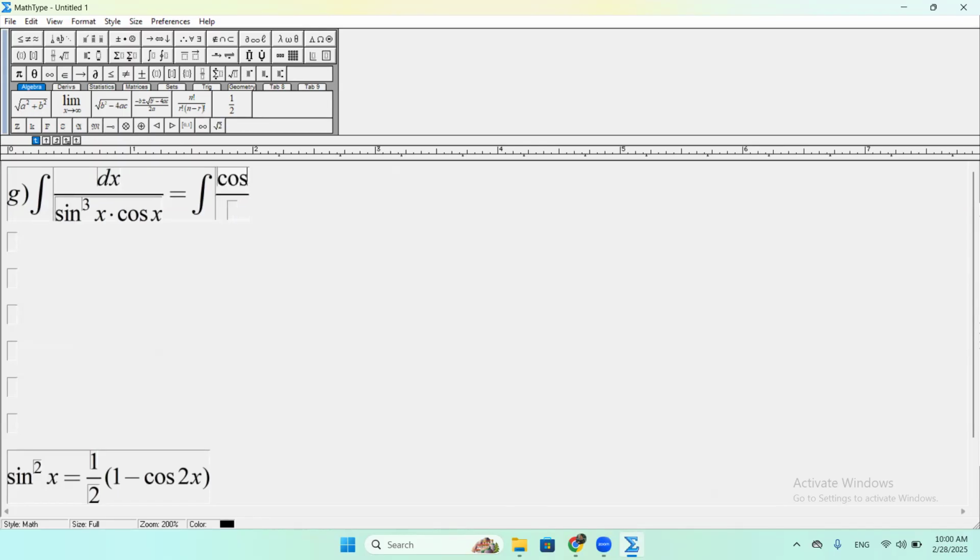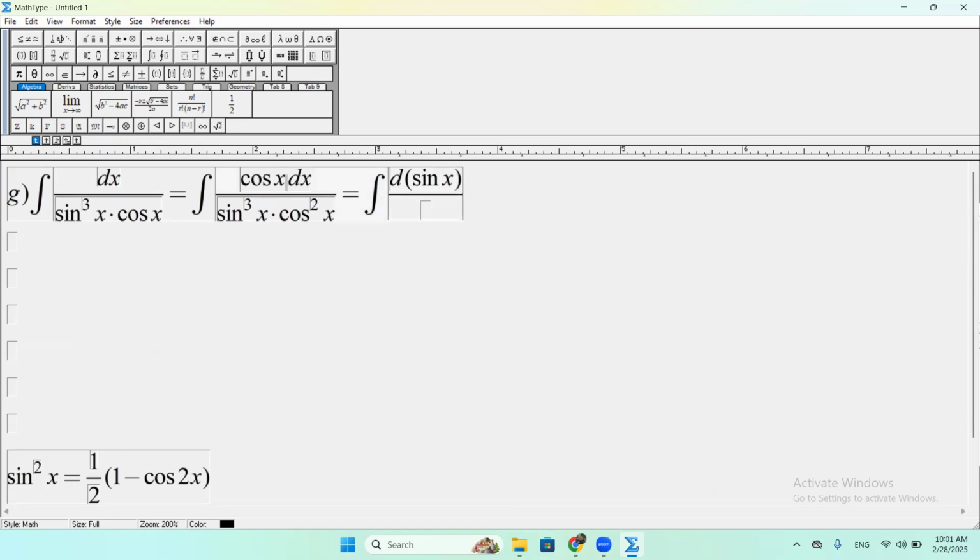So cosine of x dx, and then sine of cube x multiplied by cosine square of x. So again, using differential entry technique, we have differential of sine x.